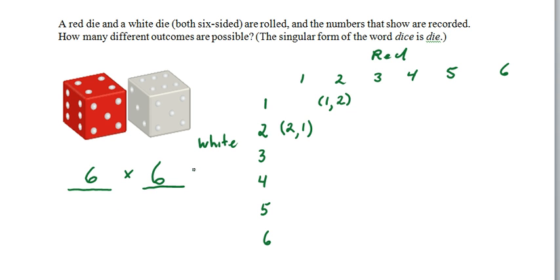So the number of possible outcomes is 36.